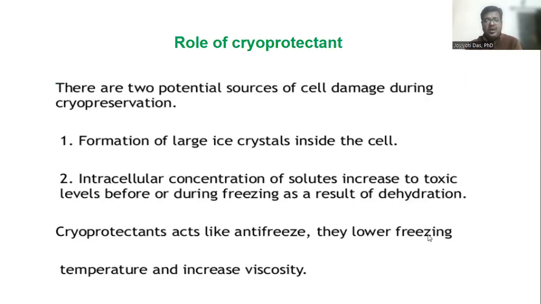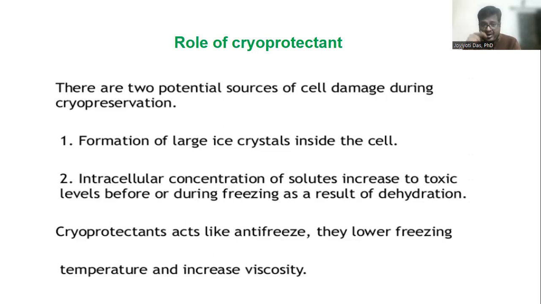So what is the role exactly of cryoprotectant? Why are you adding cryoprotectant while taking your cells to a very low temperature? There are two potential sources of cell damage during cryopreservation. One, as I already discussed, is the formation of large ice crystals inside the cell that may rupture membranes, and the other is that intracellular concentration of solutes increases to toxic levels before or during freezing as a result of dehydration.